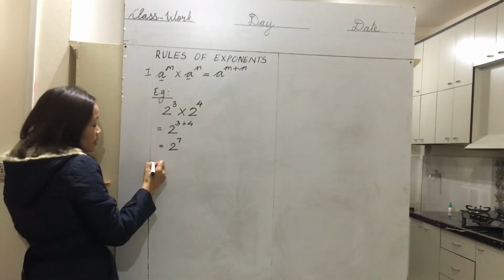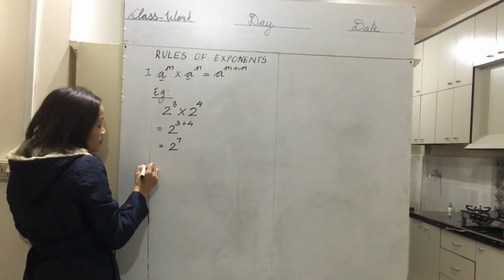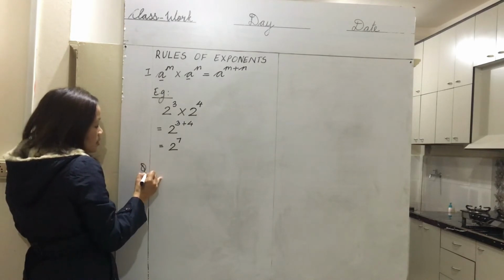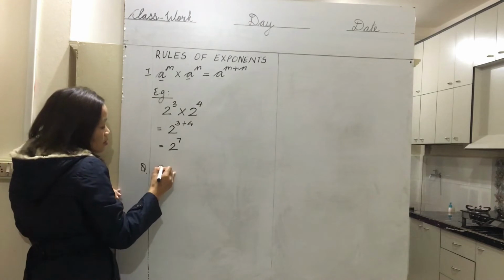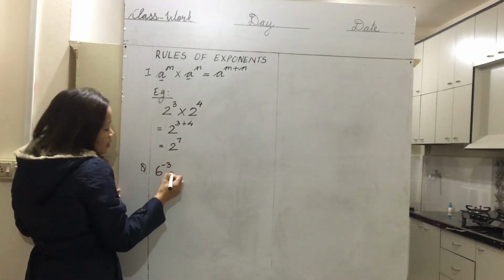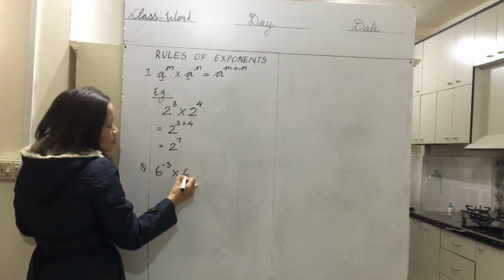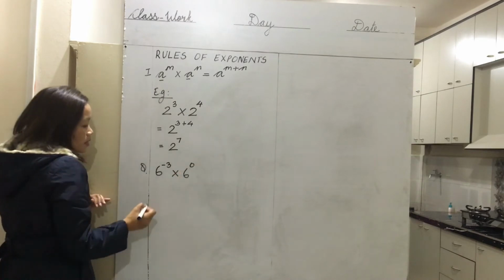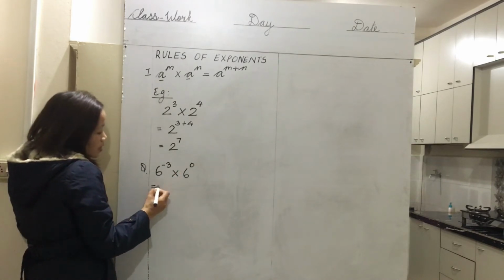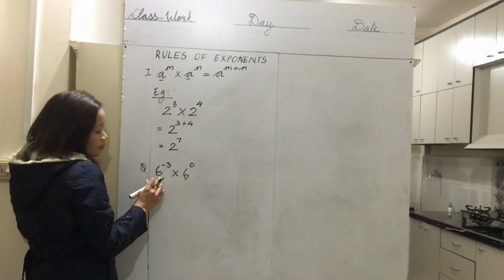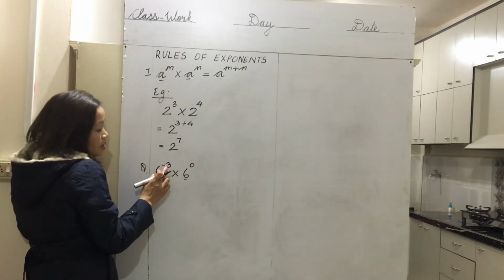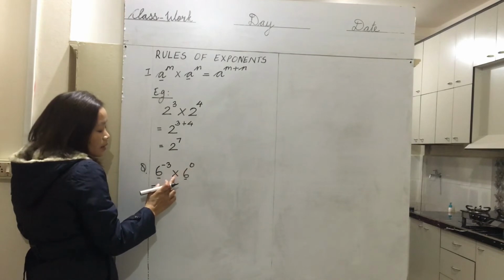I'll give another example for rule number 1. Let's take 6 as the base. 6 to the power minus 3 multiplied by 6 to the power 0. How are we going to solve this? As we said here, we have same bases, right? And it's one of the rules of exponents.